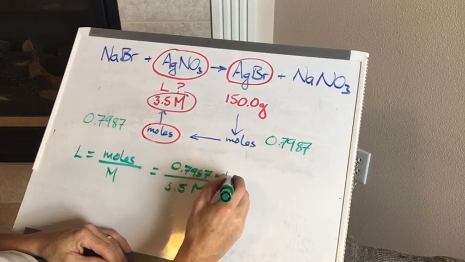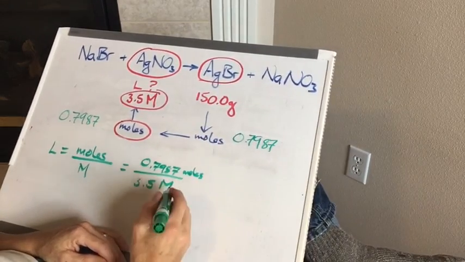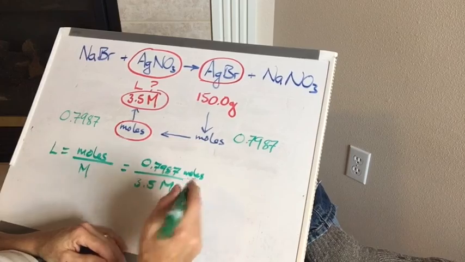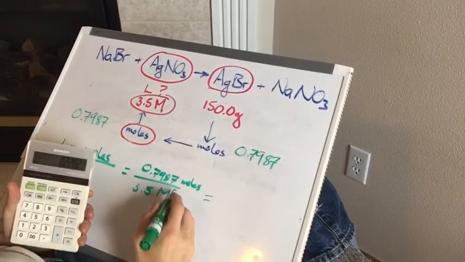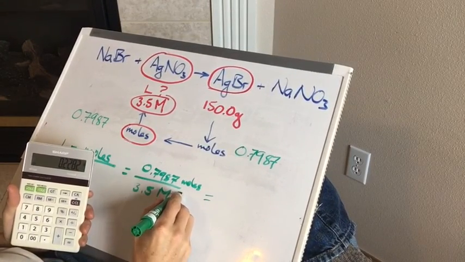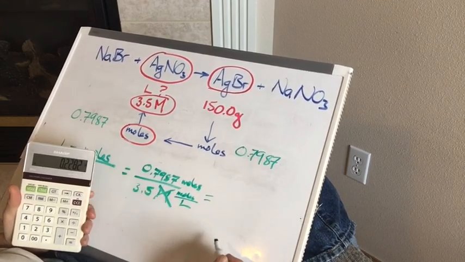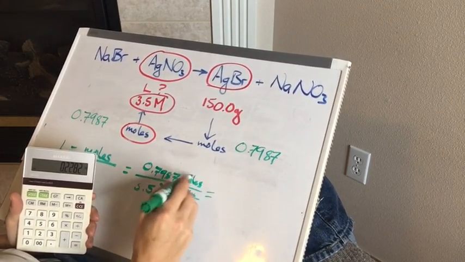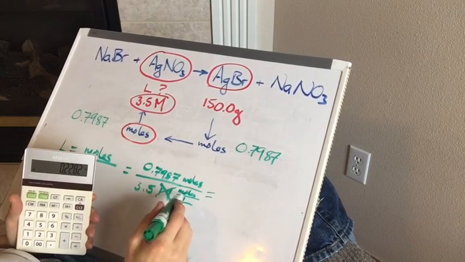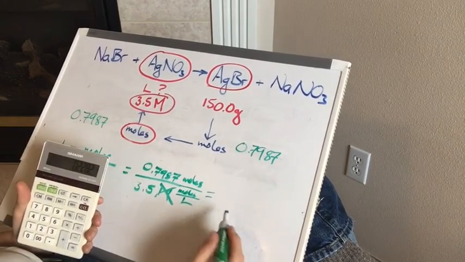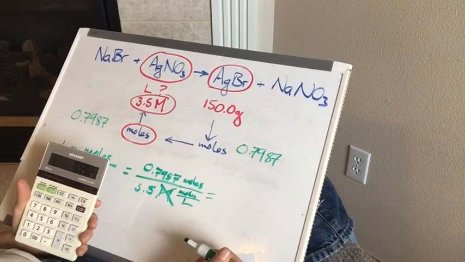I put moles on top and molars at the bottom, and we can calculate that out. Just to clarify, molars is the same thing as moles over liters, so we're basically dividing moles by moles over liters. The number I get is 0.2282.